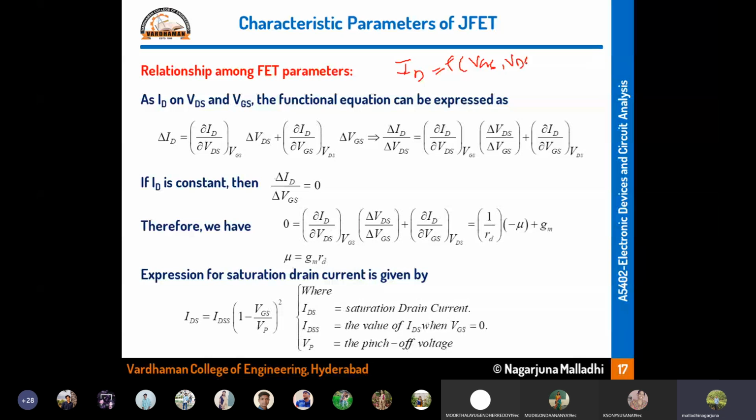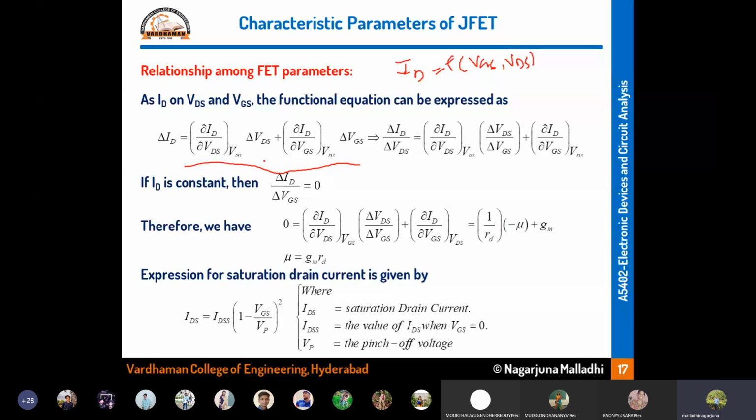So delta ID is equal to dou ID by dou VDS into delta VDS, plus dou ID by dou VGS into delta VGS. Using that Taylor series we can expand the equation like this. Okay, and now take the common part.